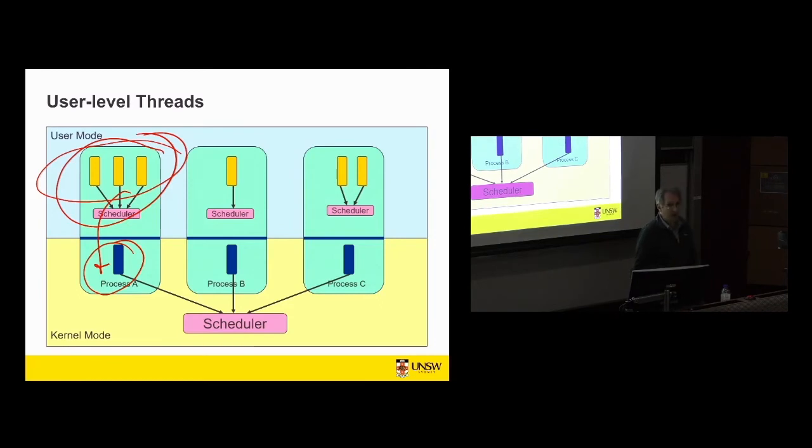Okay? Same thing with page faults. If I take a page fault with one of these threads into the OS, and we block waiting on feeding some data in from disk, then all the other threads within that process can't make progress.